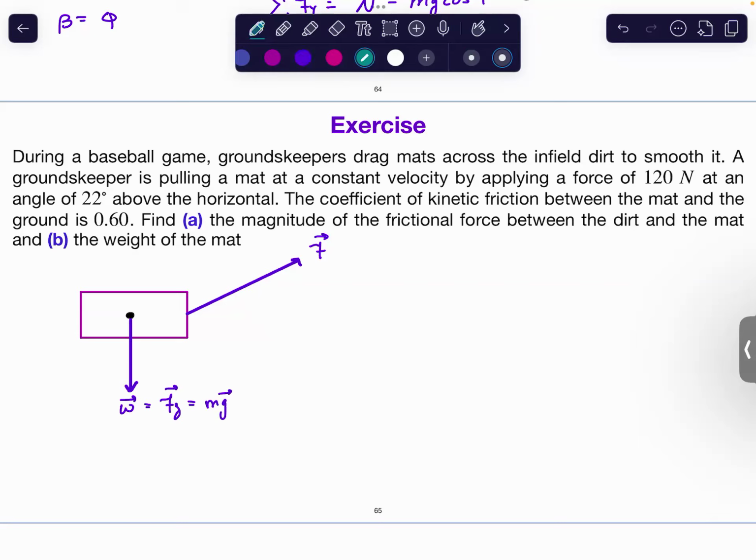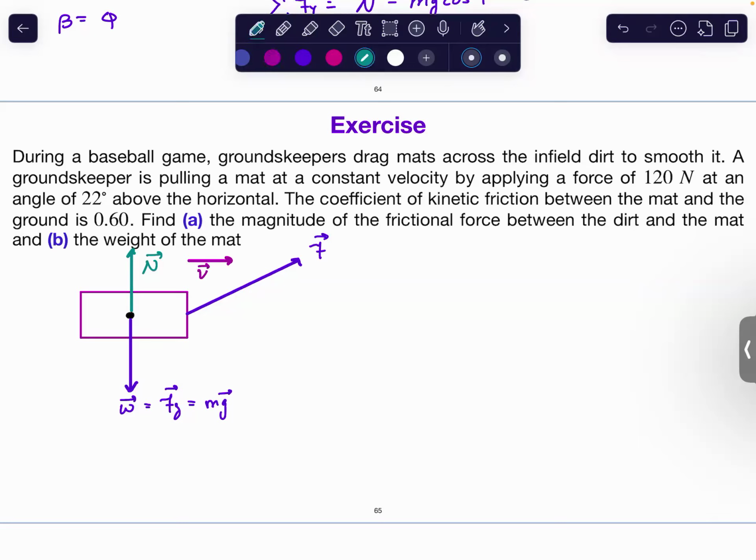It's going to be an equilibrium in the y direction, so we're going to have a normal force. We know it's moving at a constant velocity. We're not going to worry about that vector, but I'm going to denote it because that's what's happening.